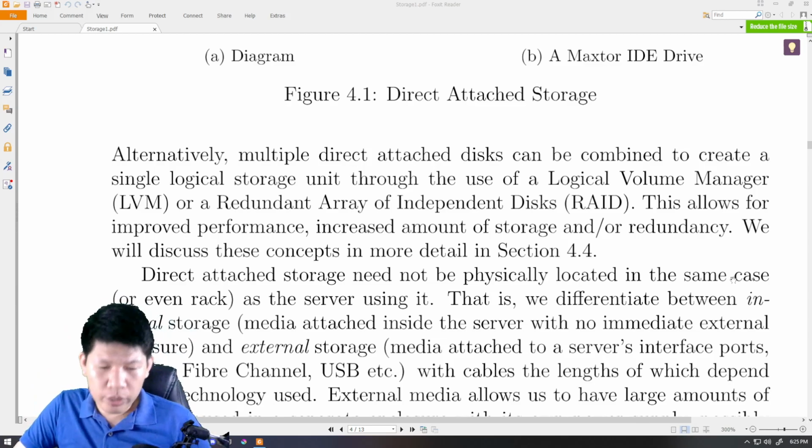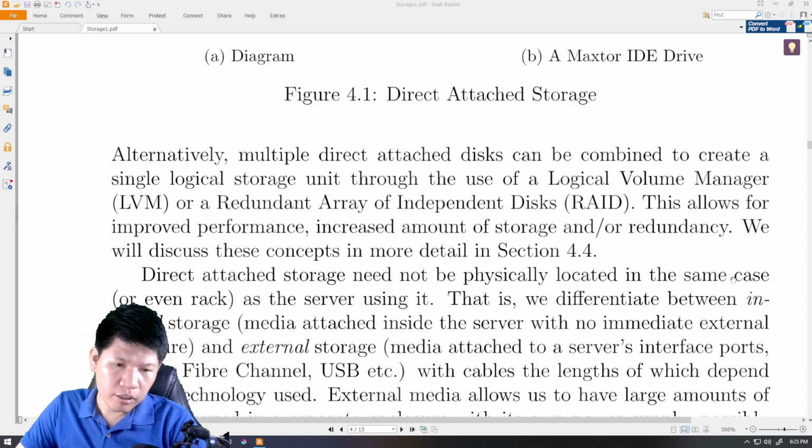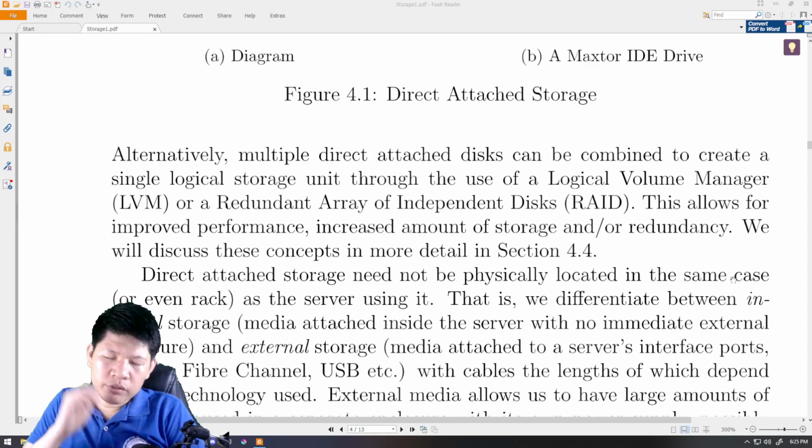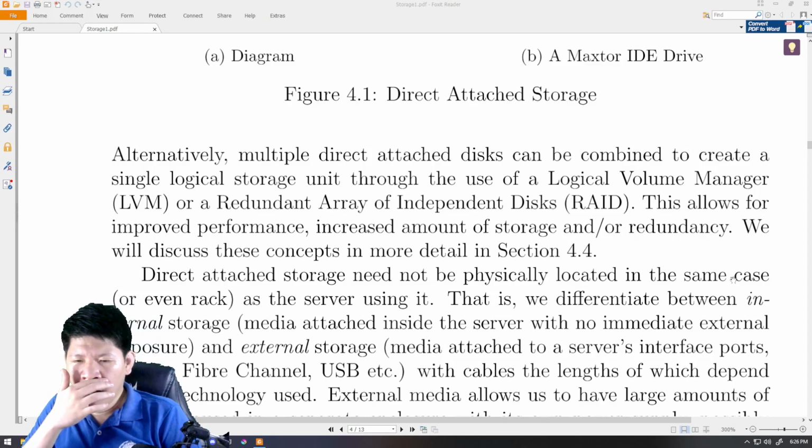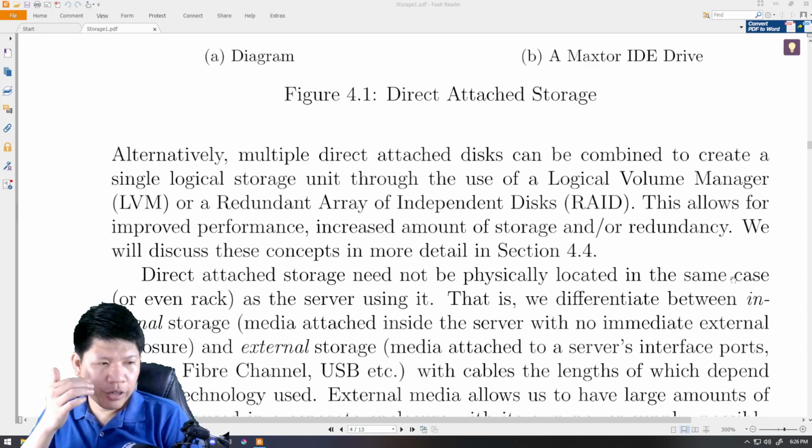What you can do is split it into two 5 terabyte drives, and what is on the first drive will be the same on your second drive, meaning you have a duplicate of that file on your RAID configuration.